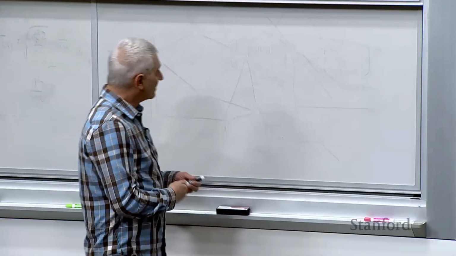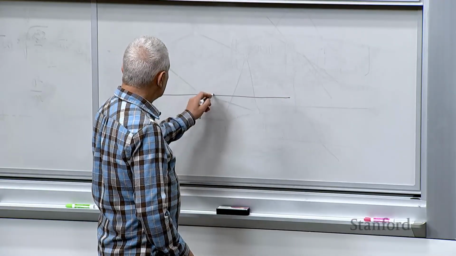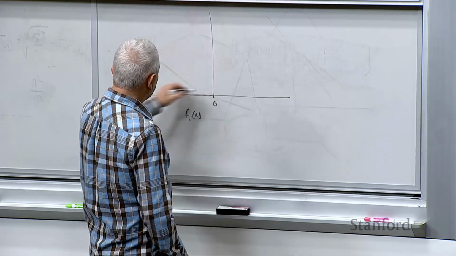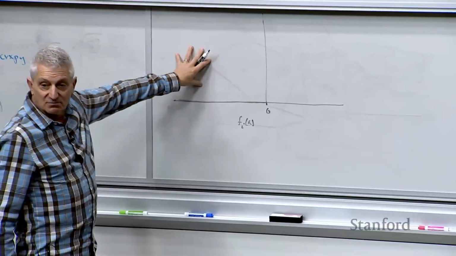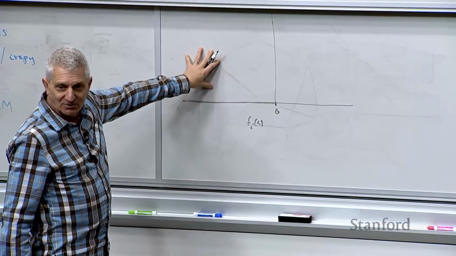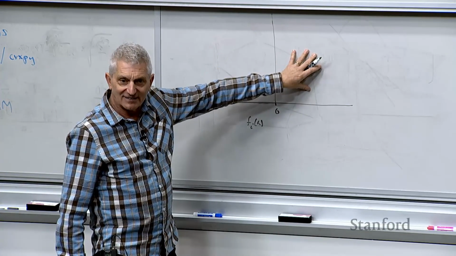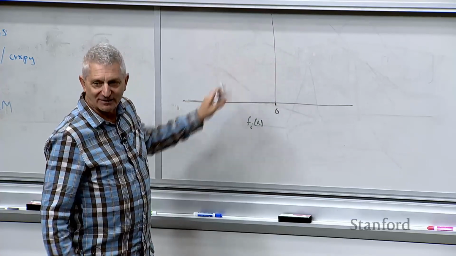A constraint looks like this: if this is f_i(x), here's 0, and there's a function that looks like this. It says, if you're less than or equal to 0, I will assess you a charge of 0. If you're positive, I will assess a charge of plus infinity. This is the semantics of a constraint. This is why people call it a hard constraint.